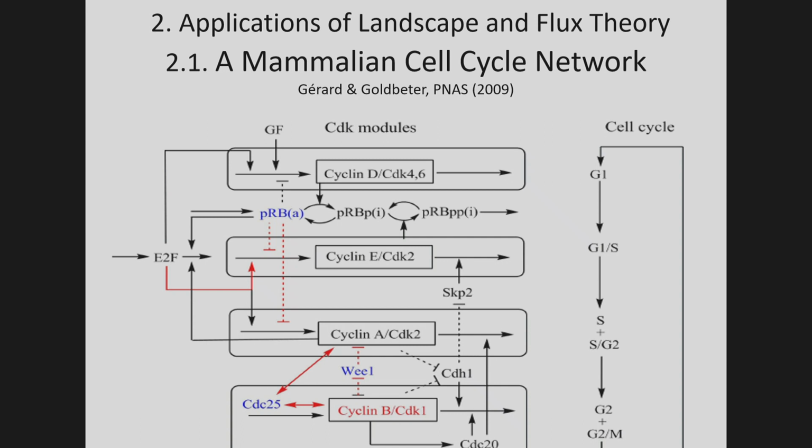We know that this cell cycle, or cell division, is tightly controlled by the underlying gene regulatory networks. We just show an example here, which is the mammalian cell cycle, which has all these genes interacting with each other. The arrows represent activation, the bars represent repression.